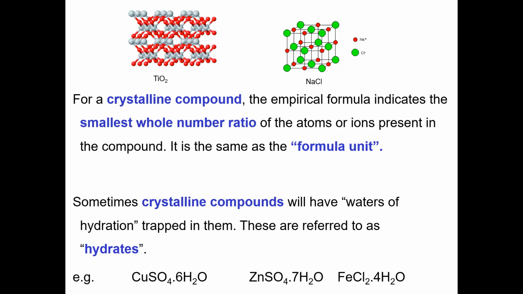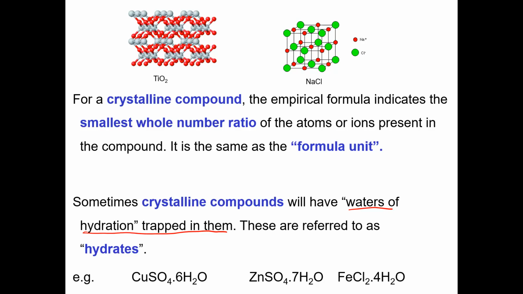Another thing that is important to recognize is that some crystalline compounds will have what we call waters of hydration trapped in them. That is, there are spaces in the crystal, and when it crystallizes out of water, sometimes water gets stuck in those spaces and can't be removed. So these kinds of compounds are referred to as hydrates.